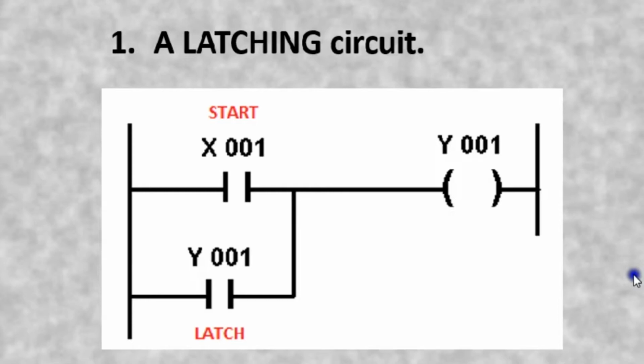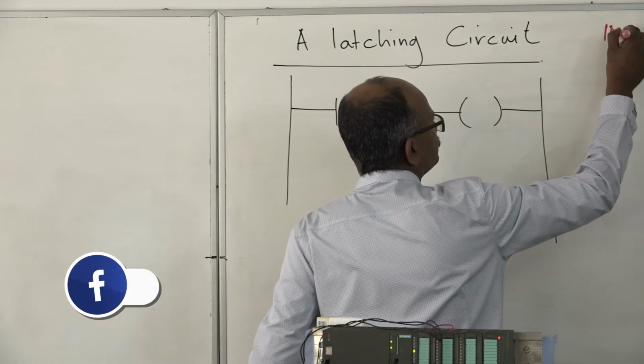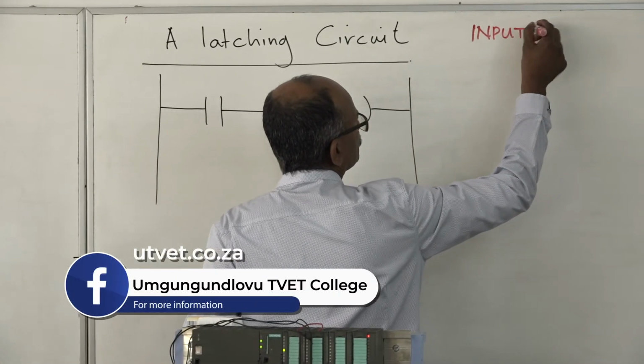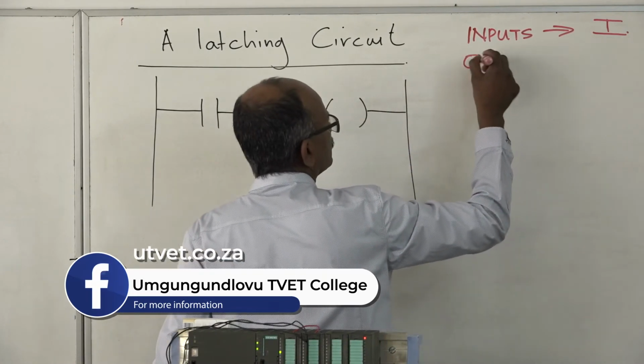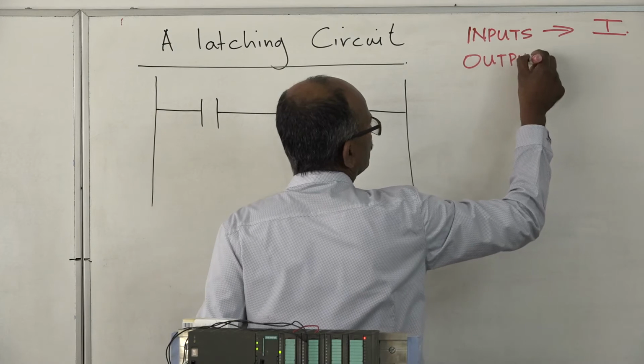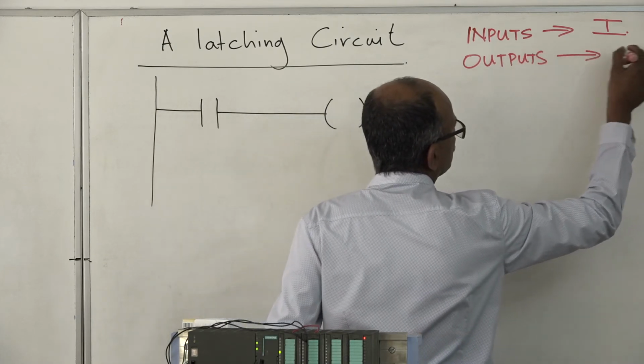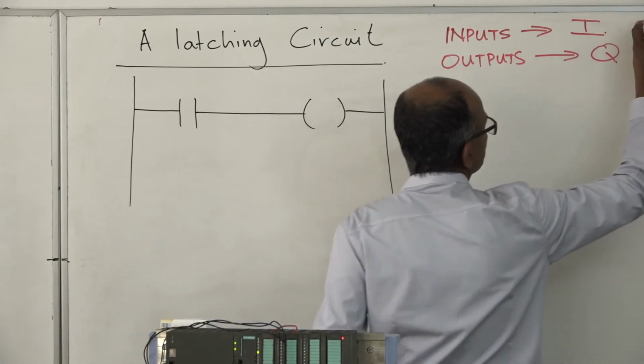But for my practical purpose, I'm going to use Is and Qs. So for all my inputs I'm going to use I, and for all my outputs I'm going to use Q, all right?